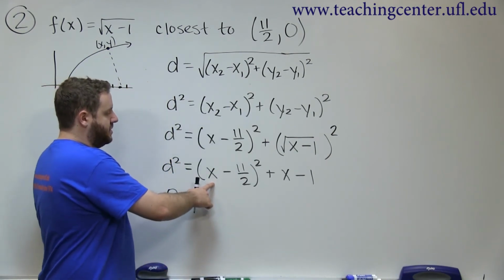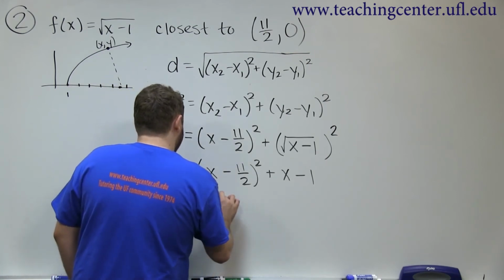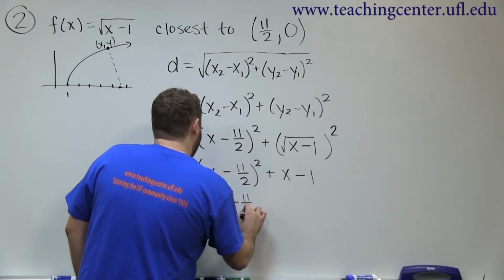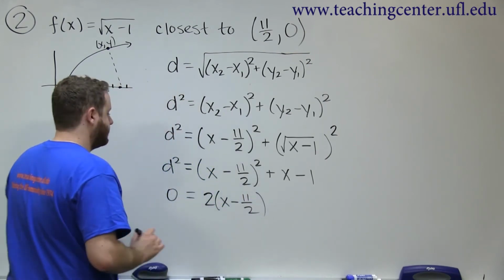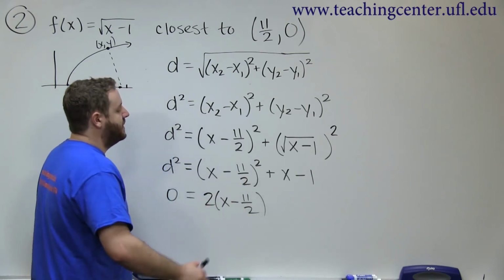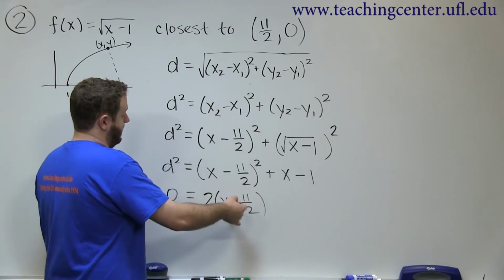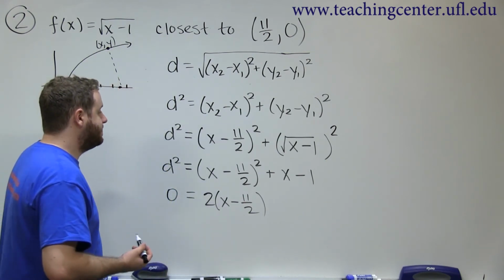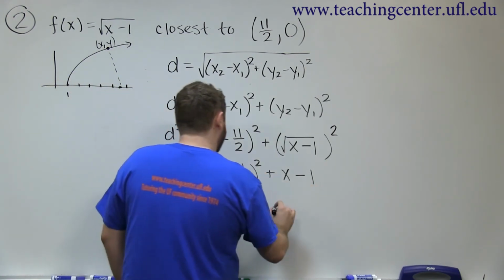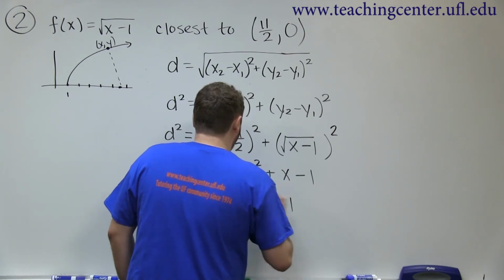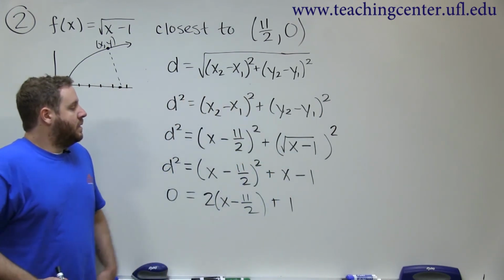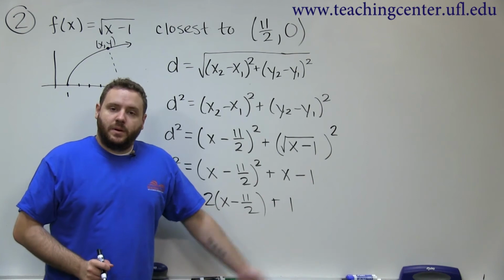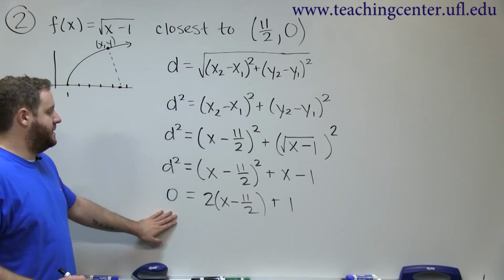So the derivative of this term is just using power rule. You bring the 2 down, you leave the inside the same, lower the power to 1. We don't have to multiply by anything because the derivative of the inside is just 1. Over here we get plus 1, since the derivative of x is 1. That part goes away. So we want this to equal 0.